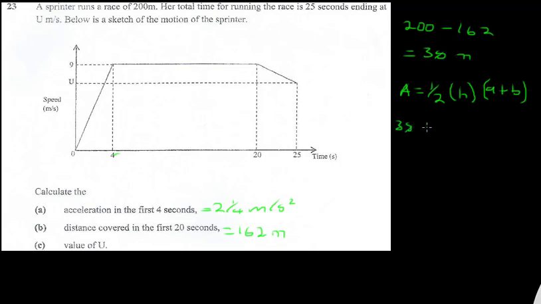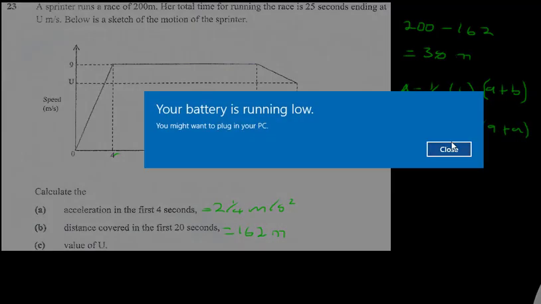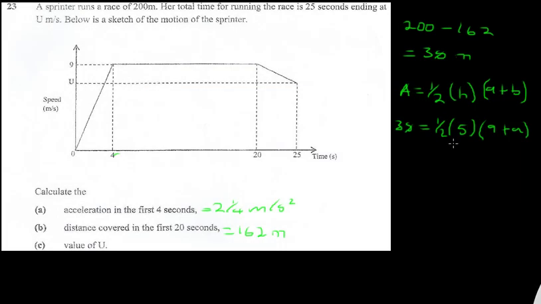We know that the area is 38, equals half. This distance we have is 5, and we know that this longer part is 9 plus a.